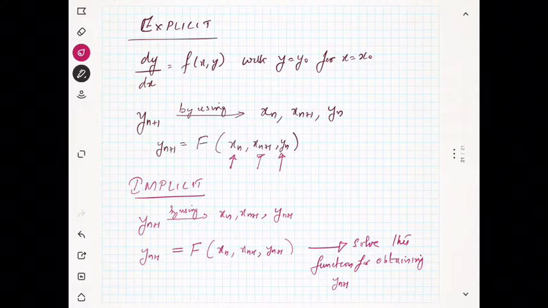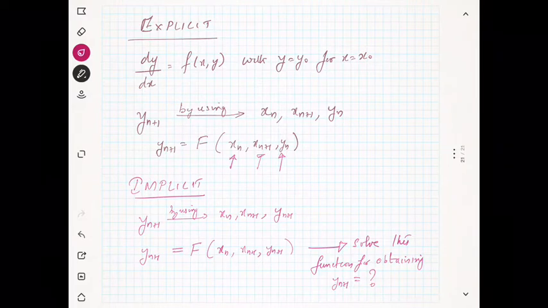But here you will be writing an equation for yn plus 1 as some function of xn, also xn plus 1 and yn plus 1. After that you will be solving for yn plus 1 and obtain yn plus 1. So this is known as the implicit method.